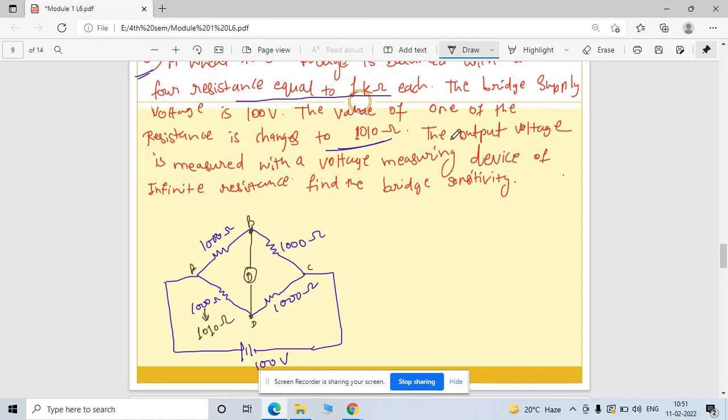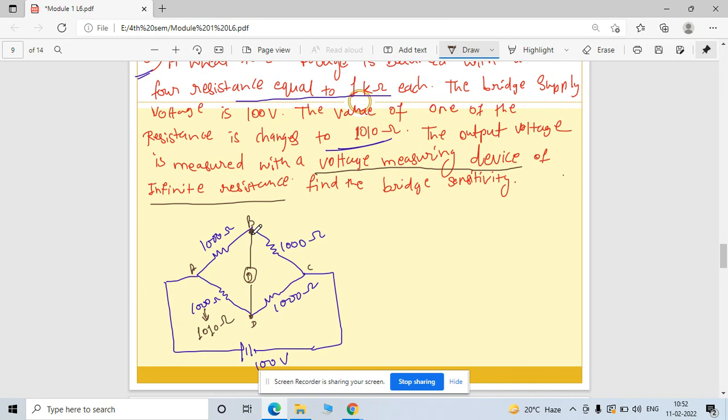So what you need to find out here: the output voltage is measured with a voltage measuring device of infinite resistance. See, the voltage measuring device of infinite resistance, कब था? When the bridge is balanced, meaning no current is flowing in that circuit under the balance condition.